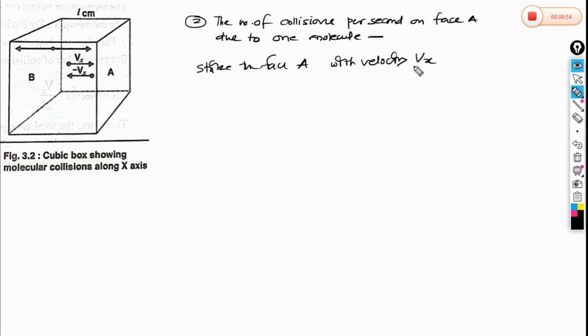And after striking it will rebound with velocity minus Vx. So if this is the molecule, this moves here, strikes the face A here with velocity Vx, and after striking it will rebound towards the face B with velocity minus Vx.